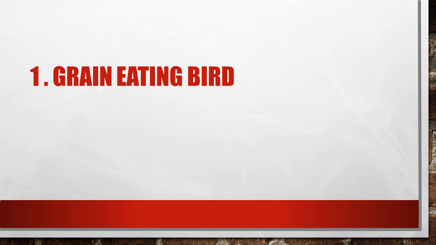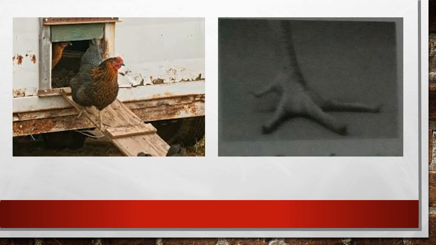Birds which feed on grains are called grain eaters. Grain eaters have a short, conical, strong, and straight beak. Candidates, have a look at a picture of grain eaters on the screen.